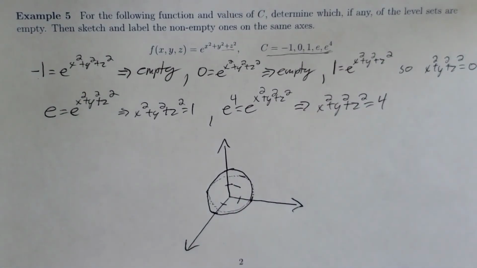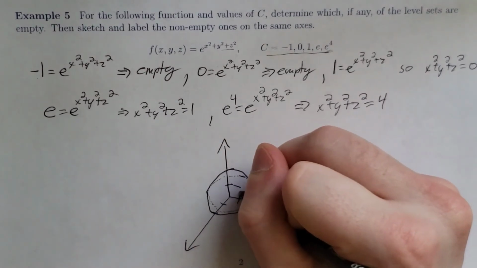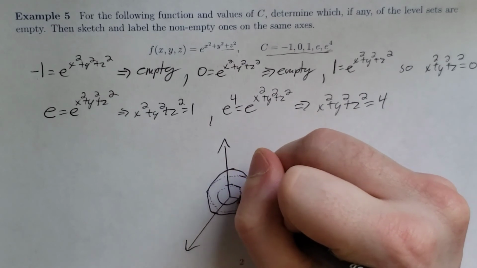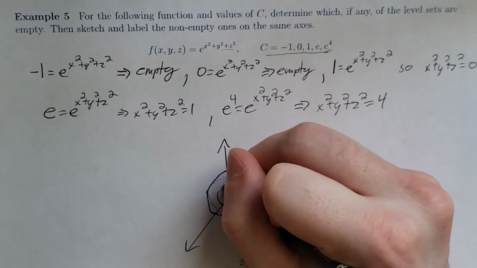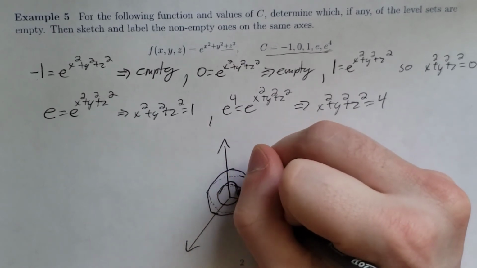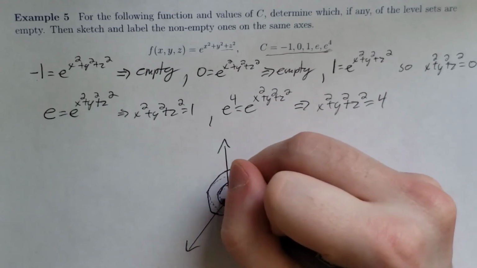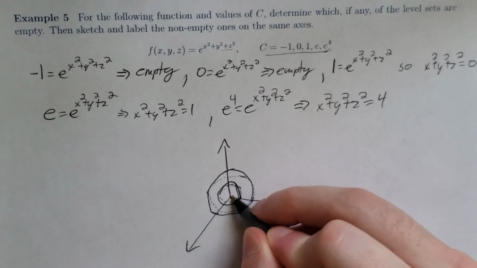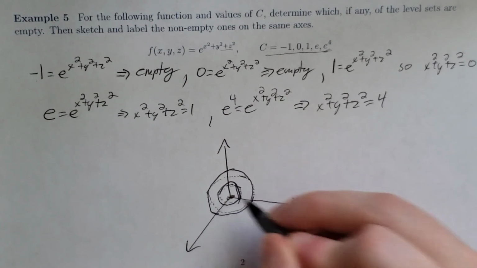Not great at drawing spheres, but there's my attempt at a sphere of radius 2. And then we have a sphere of radius 1 as well. And then, of course, we actually also have the sphere of radius 0.